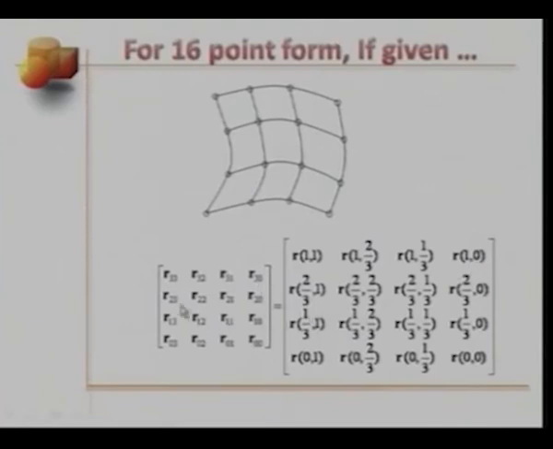Correspondingly, R23, R22, R21, and R20 are sample points for values of u as 2 over 3 and values of v as 1, 2 over 3, 1 over 3, and 0. R13, R12, R11, and R10 again are values for u equals 1 over 3 and for v going from 1 to 0 uniformly in 4 steps.